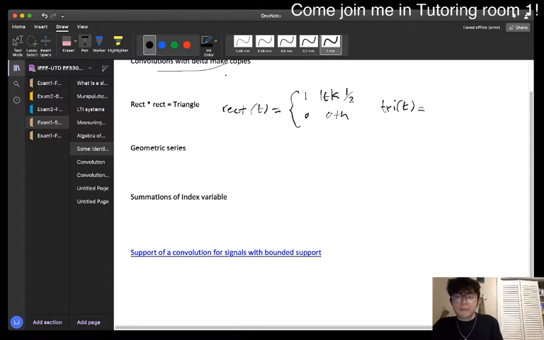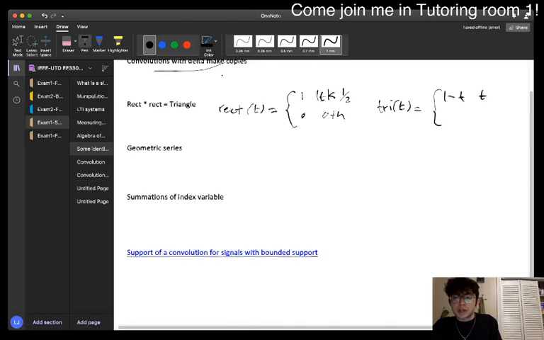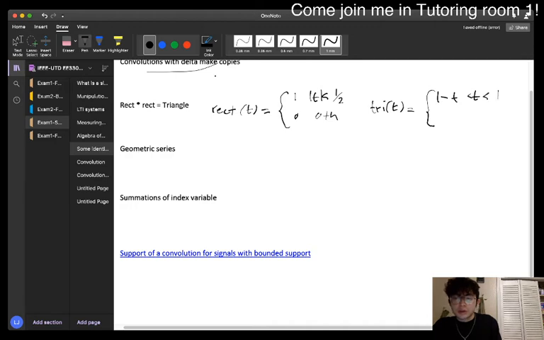It's going to be 1 minus t for t less than 1 but greater than 0, and then t plus 1 where t is greater than -1 and less than 0.